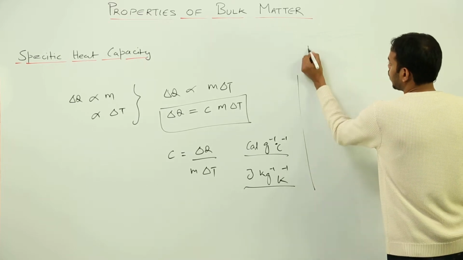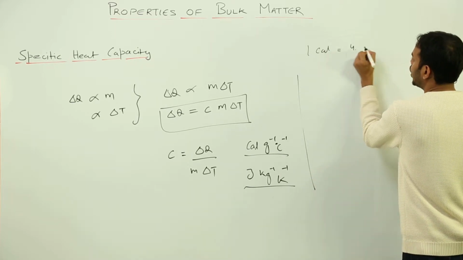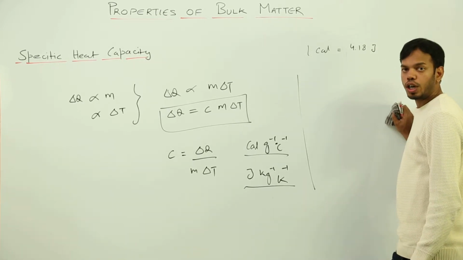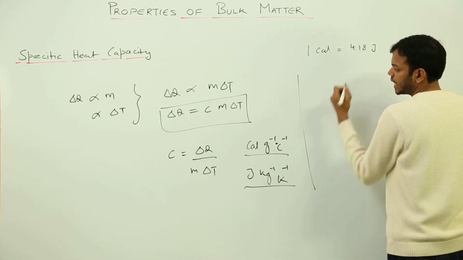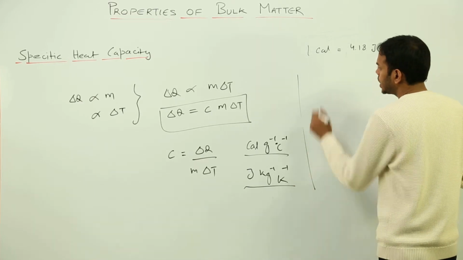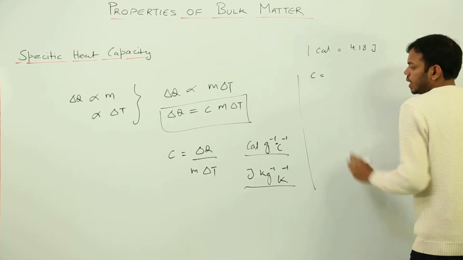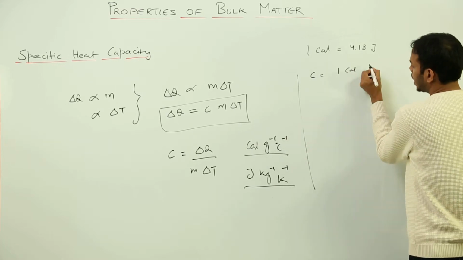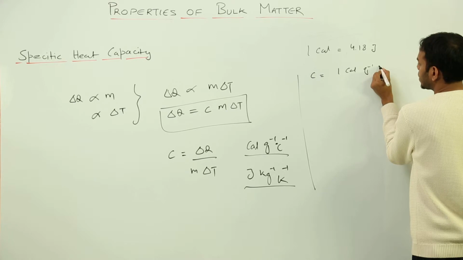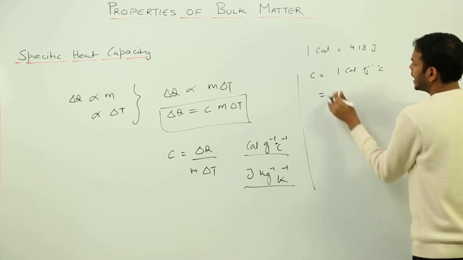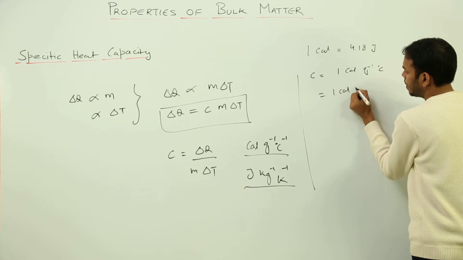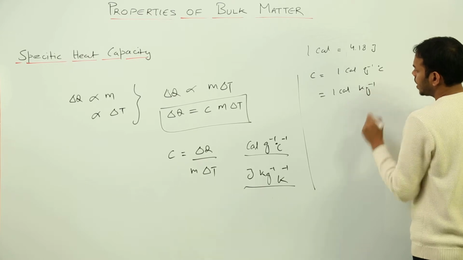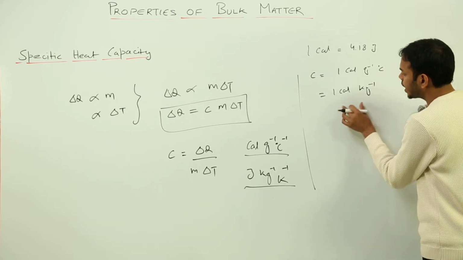Now we know that 1 calorie is equal to 4.18 joules. So if I have to find the specific heat capacity of water, C is equal to heat, 1 calorie per gram per degree Celsius, or converting it with kg, 1 calorie per kg. Per kg means multiplied by 1000, since this kg is already on the denominator side.